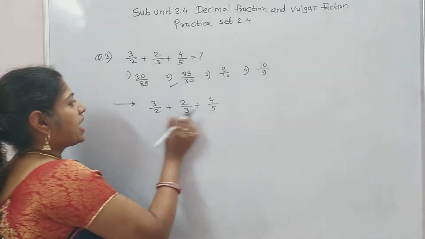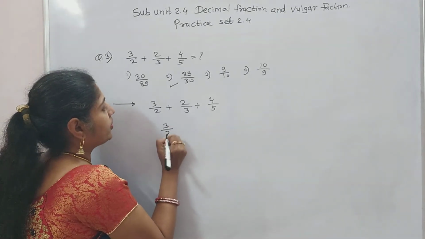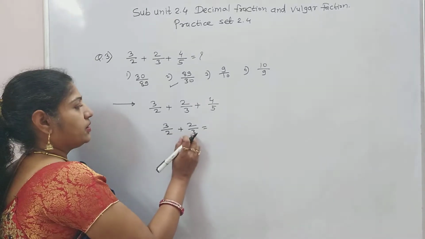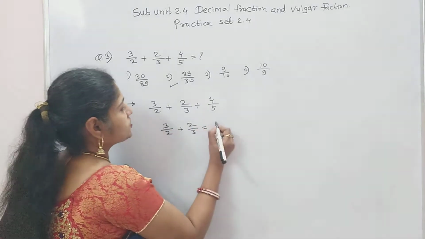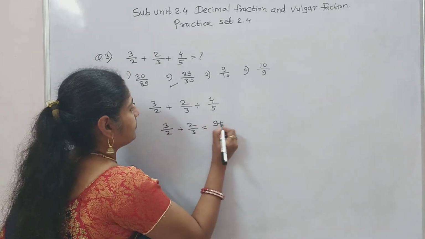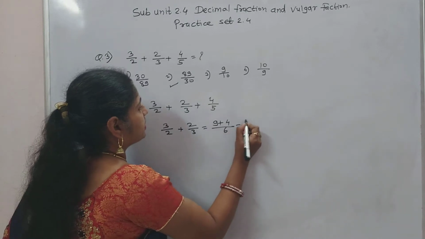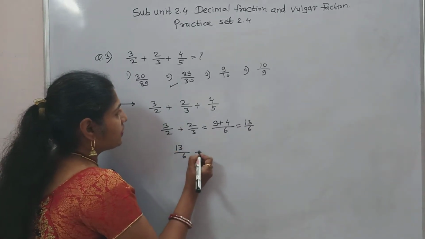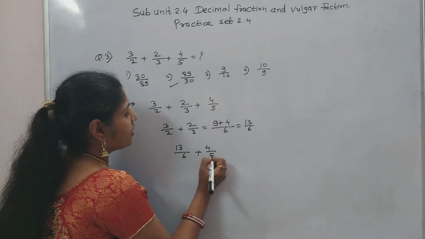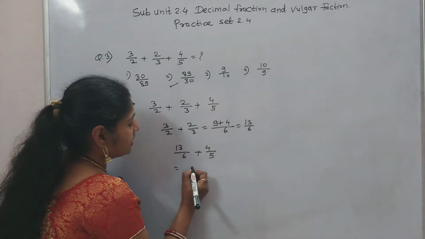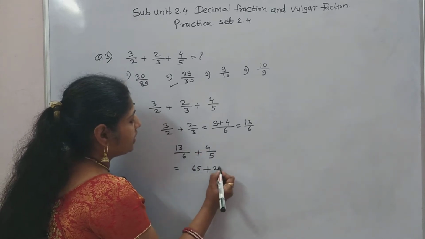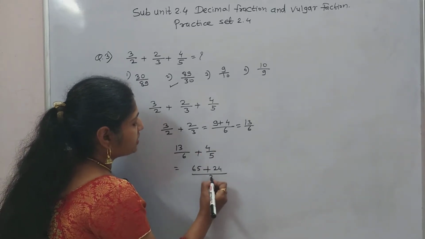Or first add only two numbers, 3 upon 2 plus 2 upon 3. The denominators are not equal, so cross multiplication. 3 3s are 9 plus 4 upon 6, 13 upon 6. Now 13 upon 6 plus 4 upon 5. Now cross multiplication: 13 into 5, 65, plus 6 into 4, 24, and 6 5s are 30.